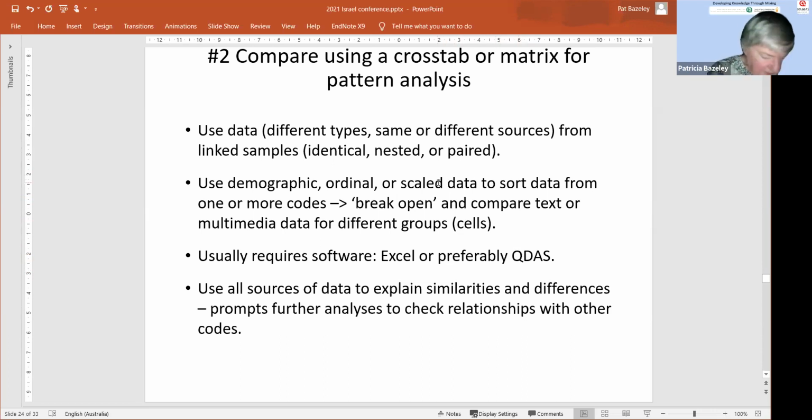An example that I often use is that if I look at the way that researchers talk about gaining satisfaction from their research, and I compare different disciplines on that, and different genders on that, I don't find any noticeable differences in how they talk about gaining satisfaction by gender. But if I compare disciplines, I do.